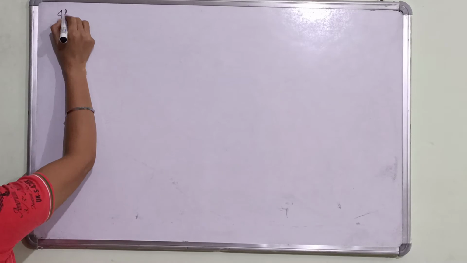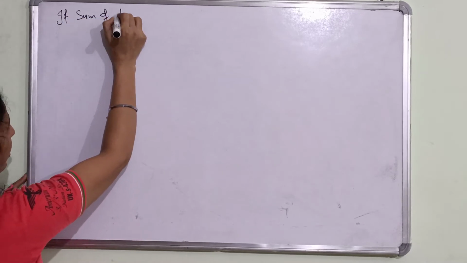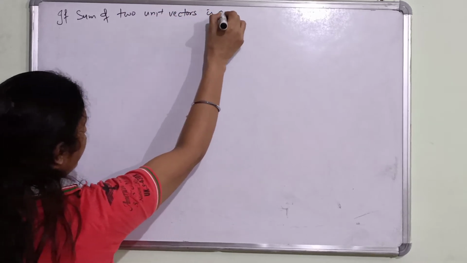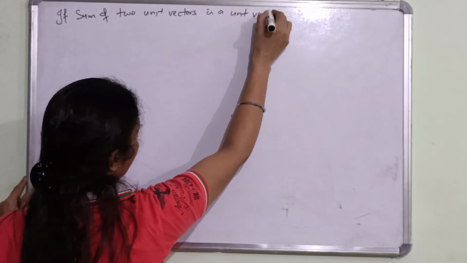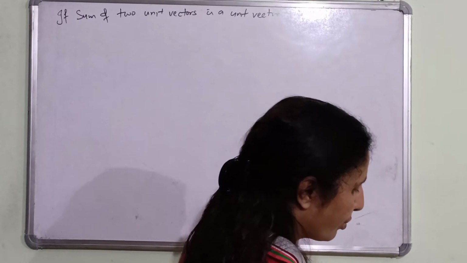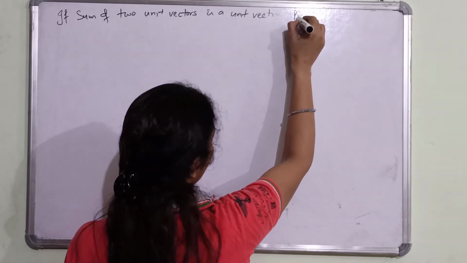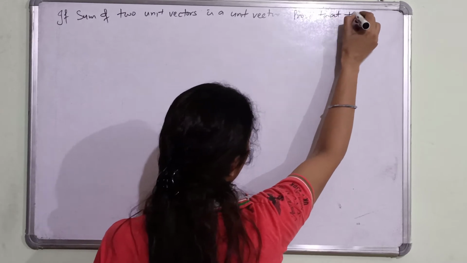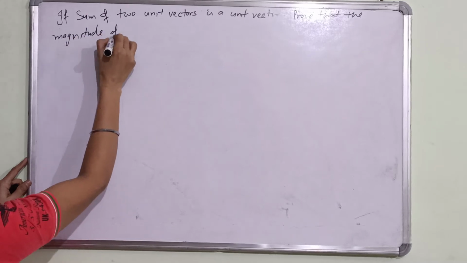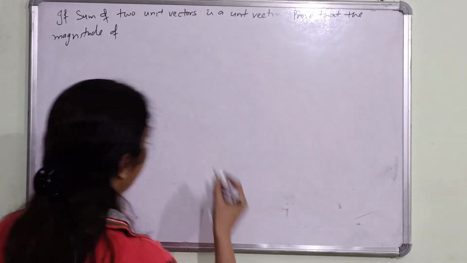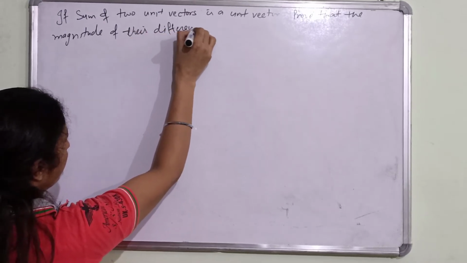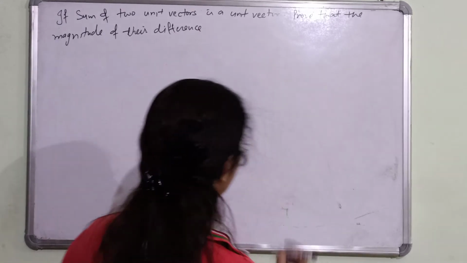The question is, if the sum of two unit vectors is also a unit vector, prove that the magnitude of their difference is root 3.